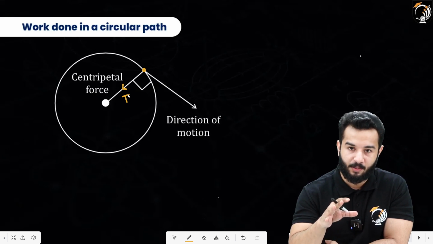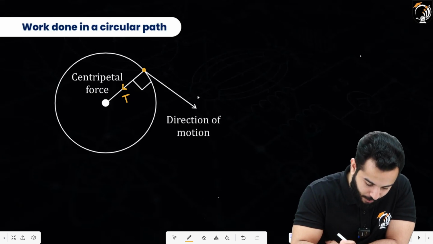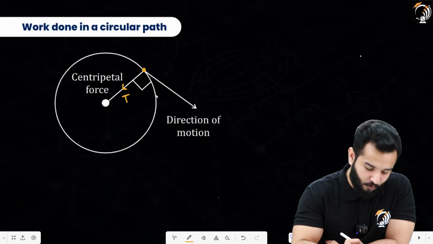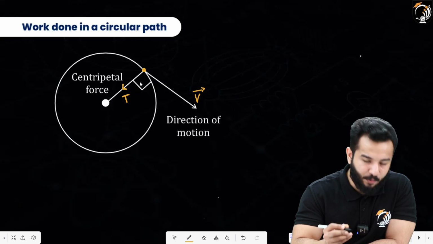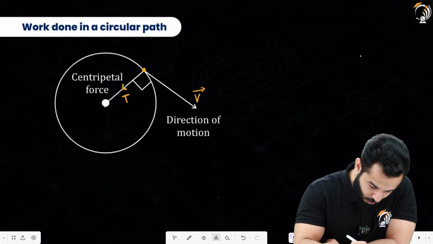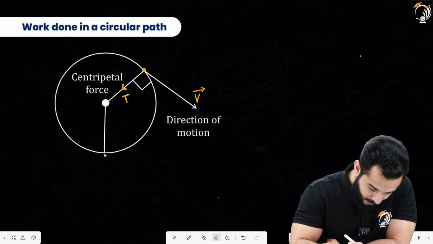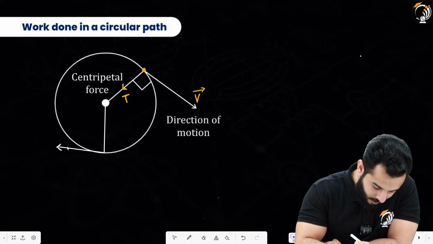Hopefully you are comfortable with circular motion. Can you please see that tension, or I should say centripetal force, is always perpendicular to velocity, no matter where you talk about. Let's suppose the particle is somewhere over here, then the velocity is in this direction, and again the centripetal force, which in this case is tension, is always perpendicular to velocity.